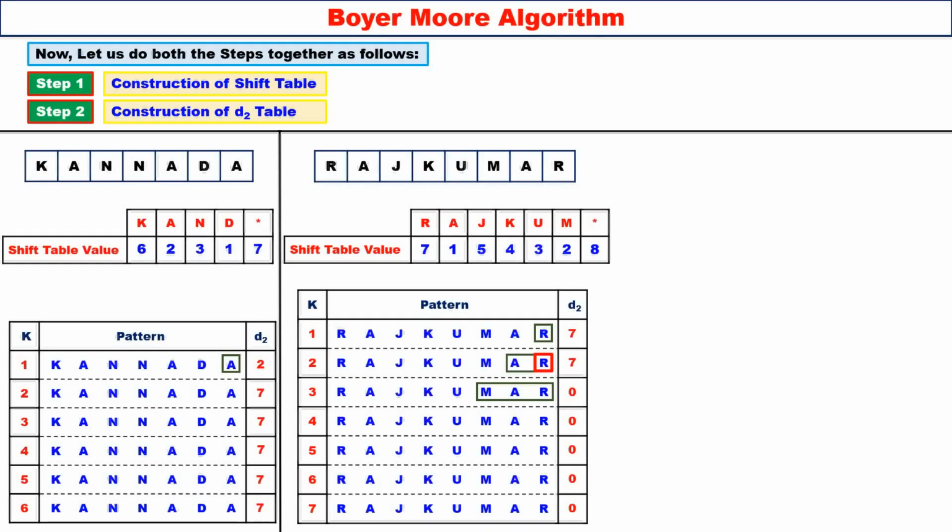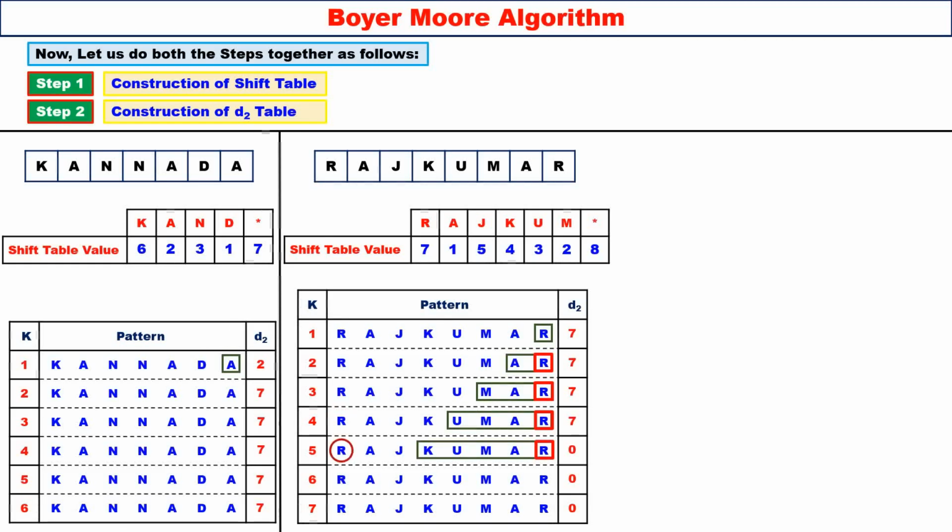Again, MAR or AR or R. Is it found as the prefix? Yes, R is found as the prefix. Count the number of characters in front: 7. Again, UMAR, MAR, AR or R. Is it found as the prefix? Yes, R is found as a prefix. 7.